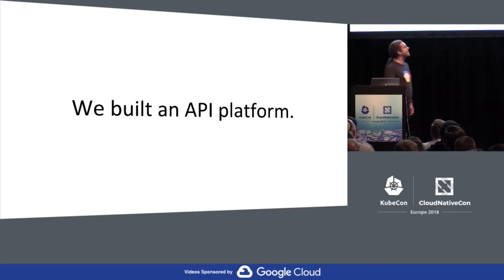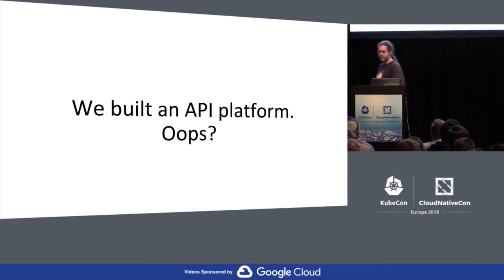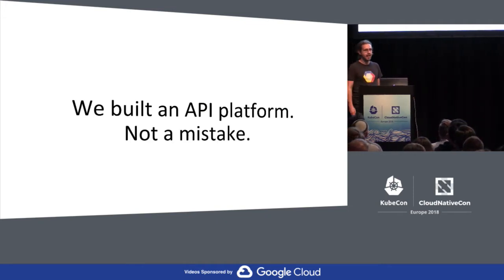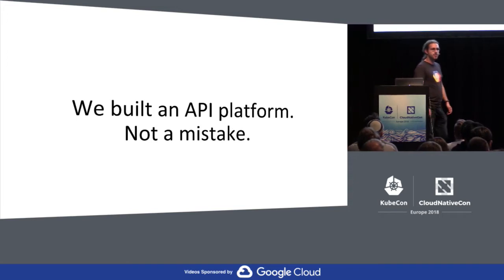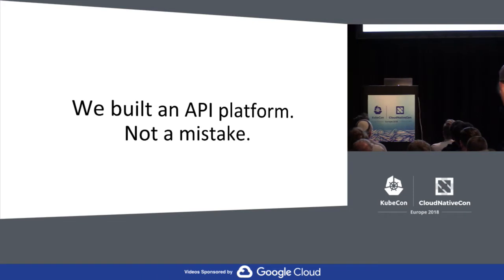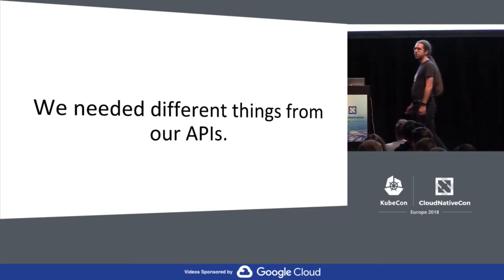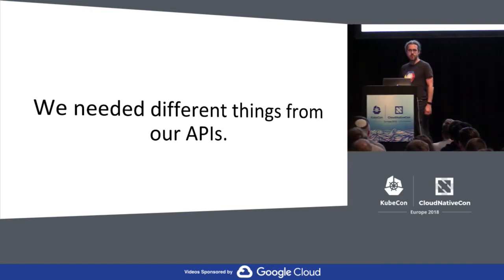And whenever I say that, I feel like I should follow up with the word oops. But is it really a mistake? I think the reasons that we did this were good ones. We didn't make a mistake. We needed different things from our APIs than were on offer from the various API systems out there.